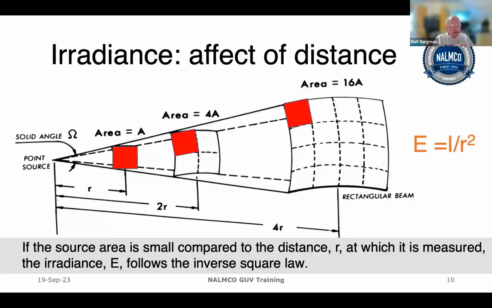It does this if the source is considered to be a point. So at the distance r, the size of the source needs to be very small so that the angular change doesn't do too much.